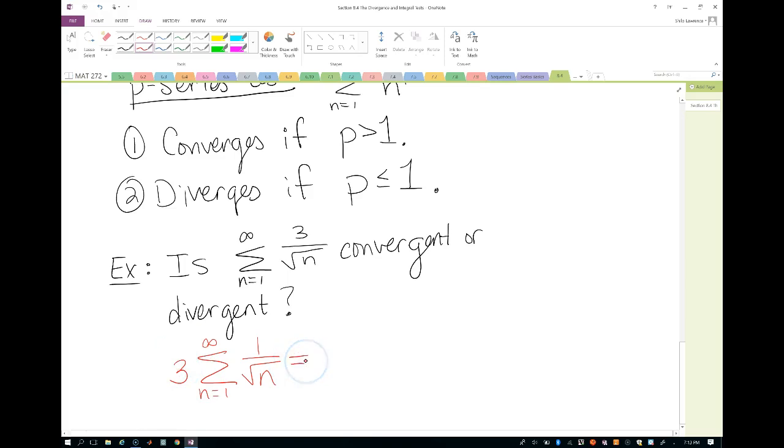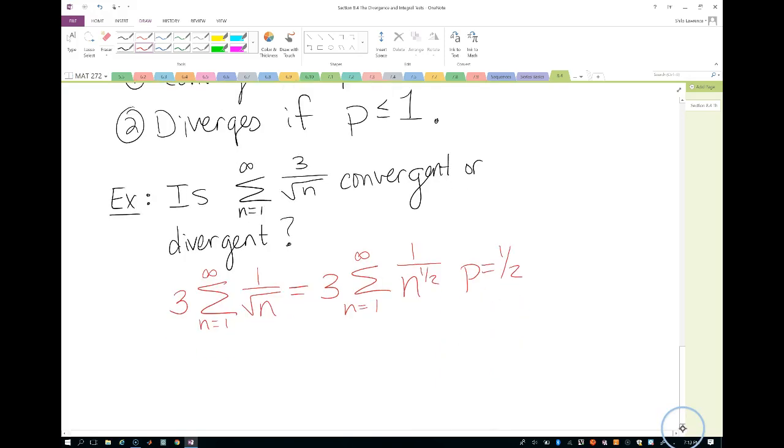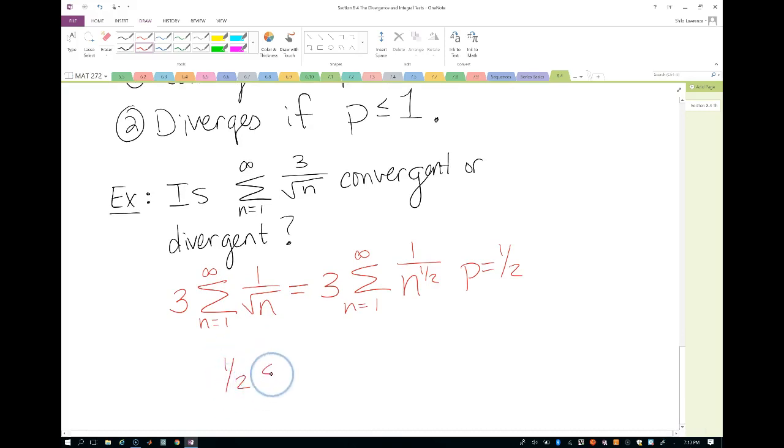So for this one, we need to see it written as n to a power. We would rewrite this as 3 times the sum from 1 to infinity of 1 over n to the half. So we're dealing with a P-series with P equal to a half. And since a half is less than or equal to 1, that's our test. Either it's greater than 1 or it's less than or equal to 1. That means this particular series is divergent.